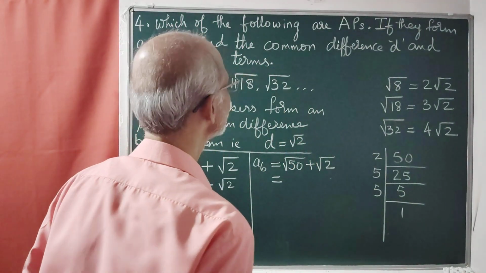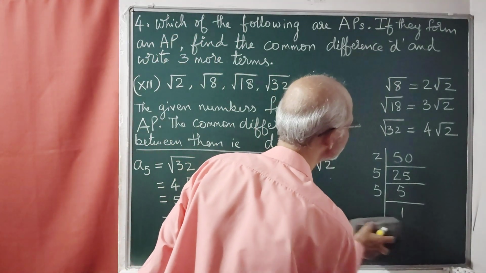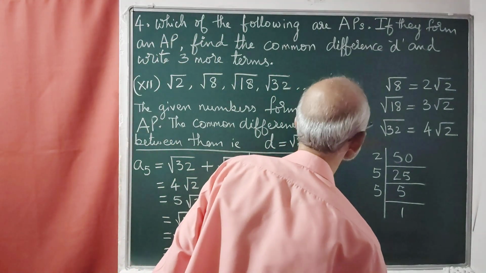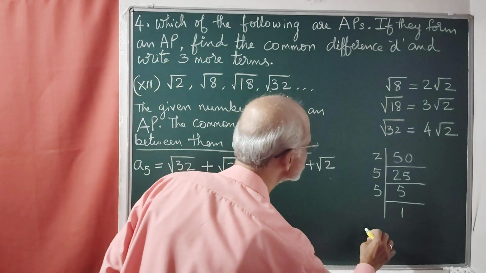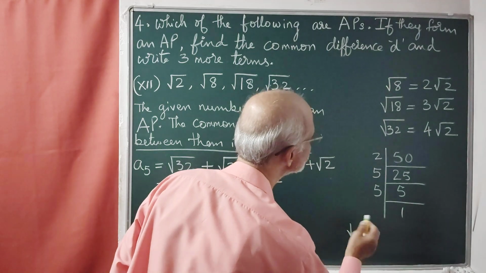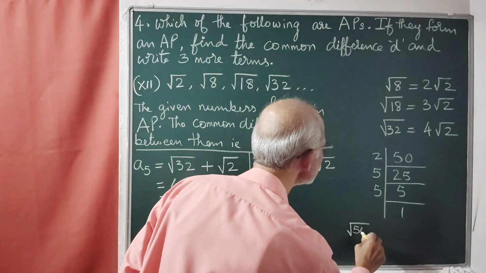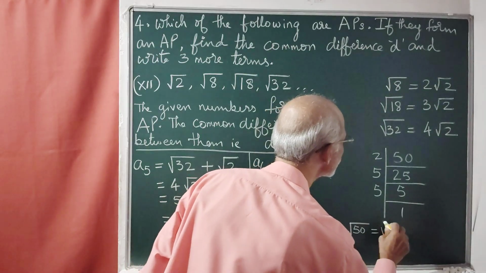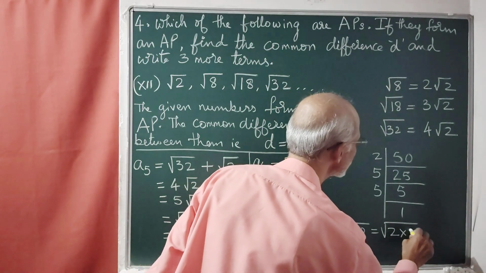So we can write root 50 as root of 2 into 5 square.